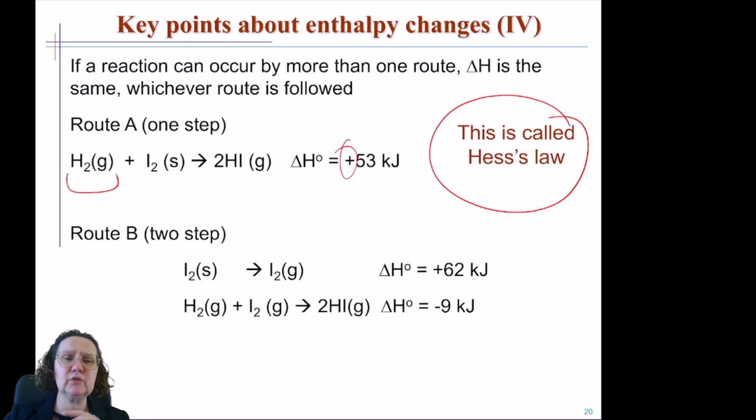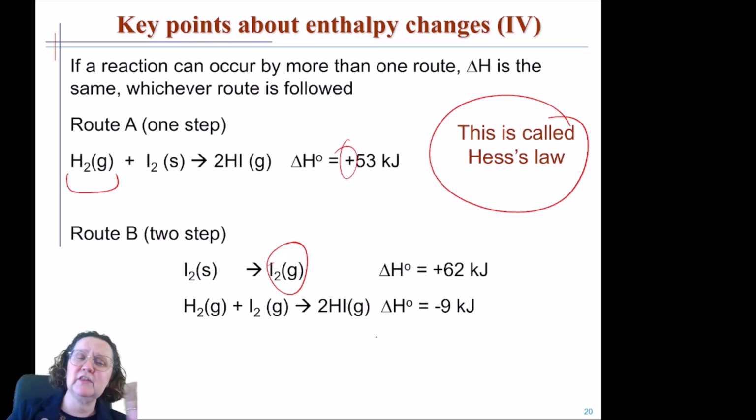One, you have iodine in solid form and it becomes iodine in gas form. And then you could have iodine in gas form react with the hydrogen in gas form to produce the 2 moles of hydrogen iodide also in gas form. When both reagents are in gas form, the hydrogen and the iodine, the reaction is easier, because you have 2 gases reacting rather than a gas and a solid.